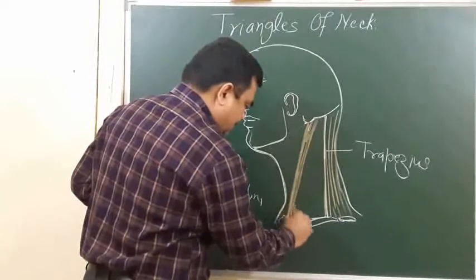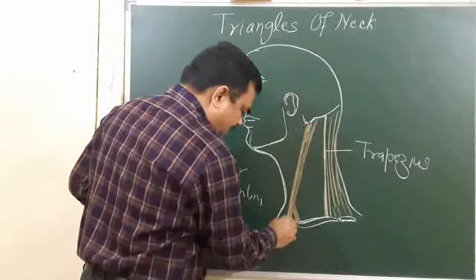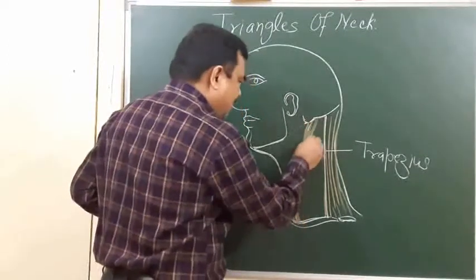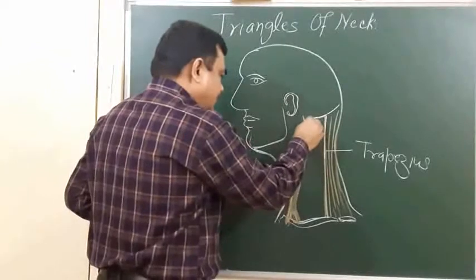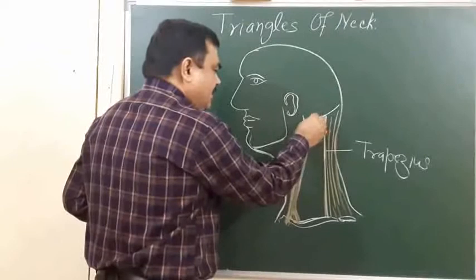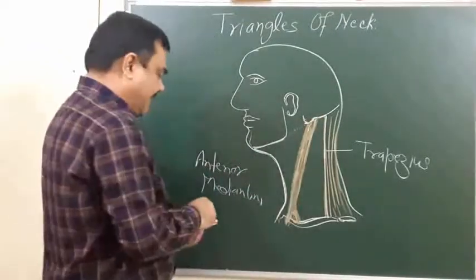So it takes origin from the clavicle and manubrium sterni, has two heads of origin, and is inserted into the mastoid process and also the superior nuchal line.